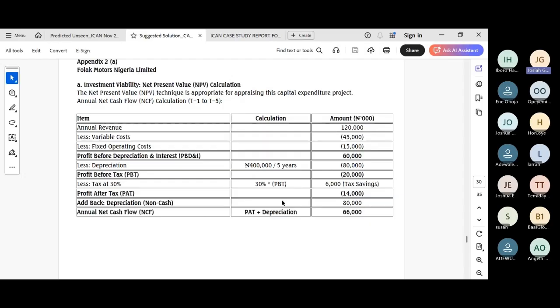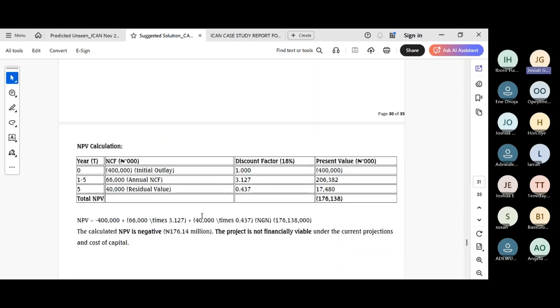Don't forget, you have to add back depreciation. Depreciation is a non-cash movement. Don't forget that, especially for the calculation of annual cash flow. Those that are doing SFM, you know all that at this point. Those that have done SFM know all those computational nitty-gritties.